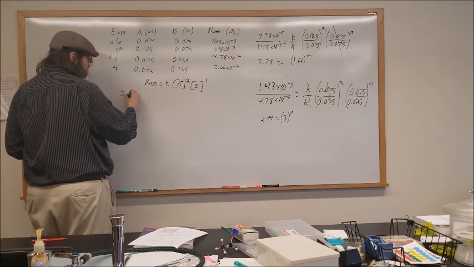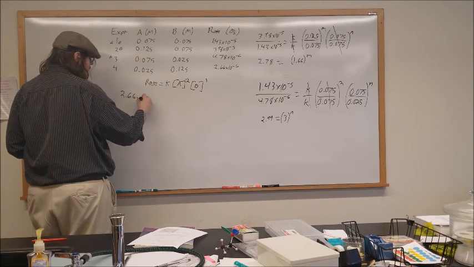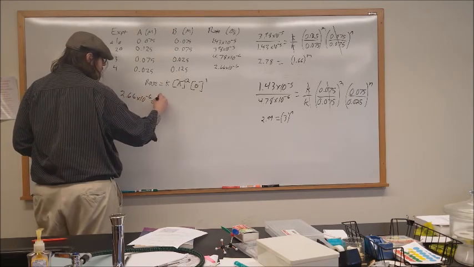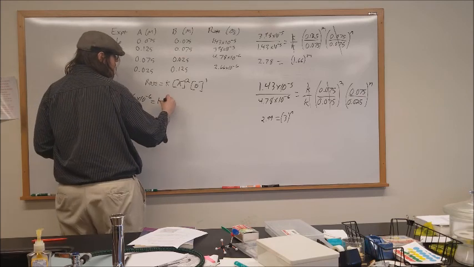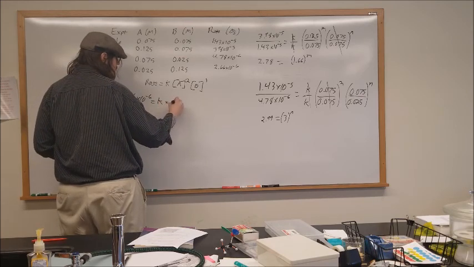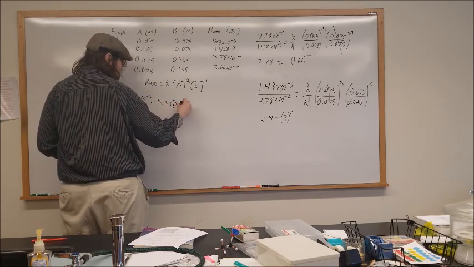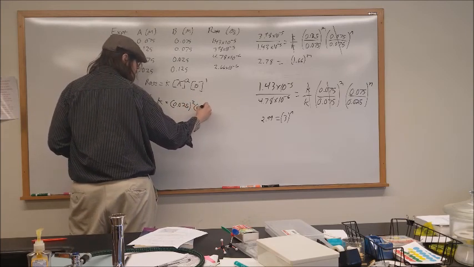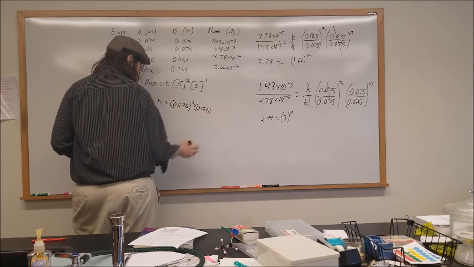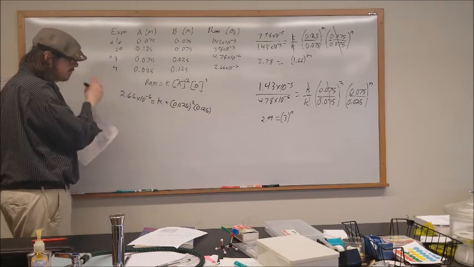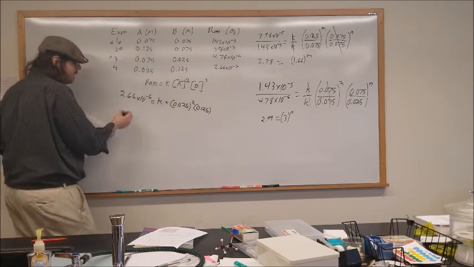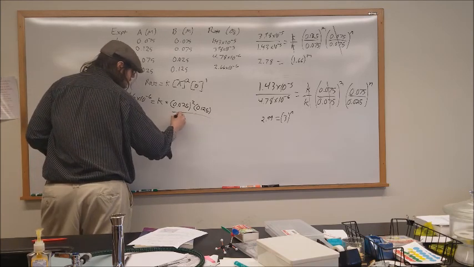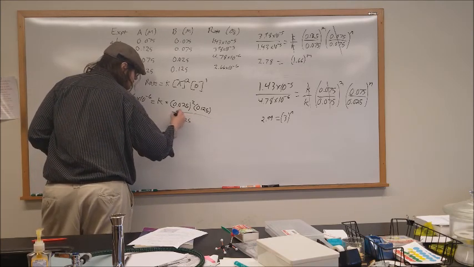Rate of 2.66 times 10 to the negative 6 equals K times A squared times B. Well, since I have to isolate K, we're going to divide these from both sides.